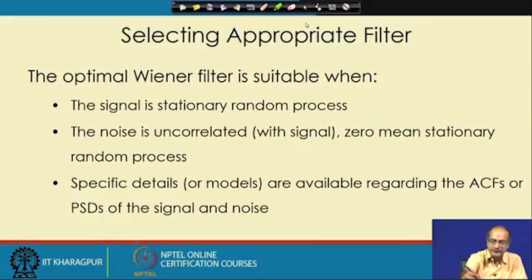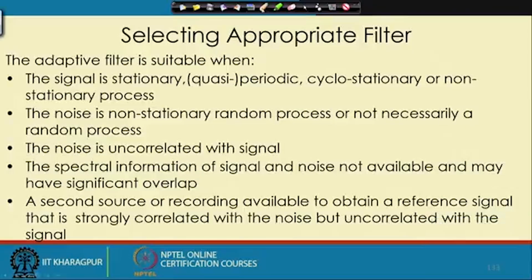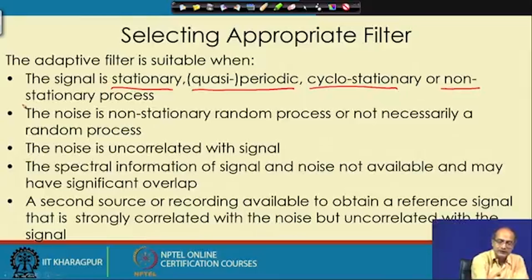Now, let us look at the most advanced one, the part we have covered at the end, that is the adaptive filter. In this case, the least amount of constraint or assumption is placed on the signal. So, the signal can be stationary, quasi-periodic, cyclostationary, or if it does not fit any of these definitions, then we can call it a non-stationary process.